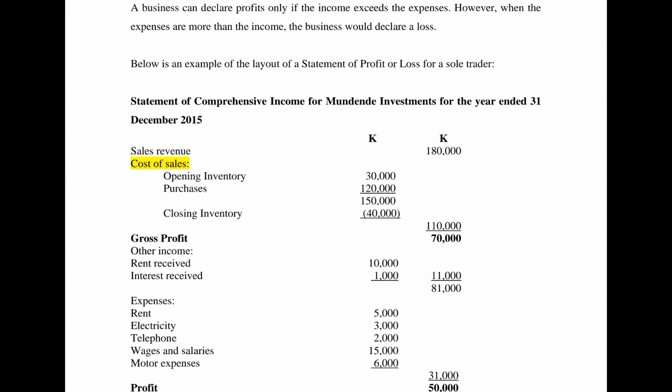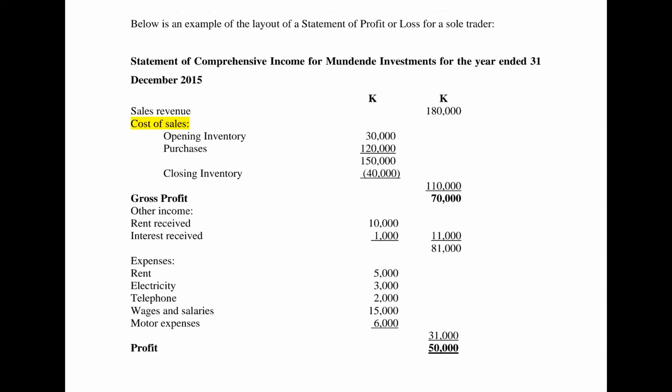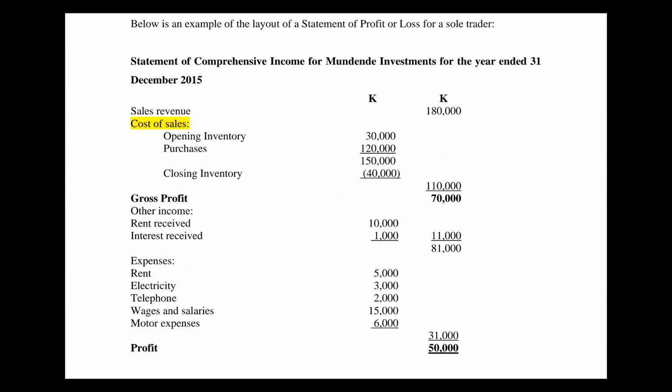That's what we are trying to study as a business. So it follows the following format. Always, you will have your profit and loss account starting with the sales revenue, the sales.